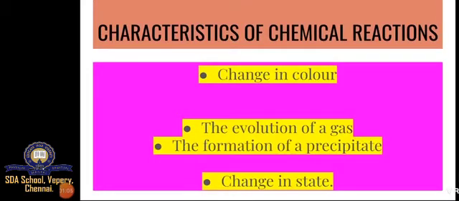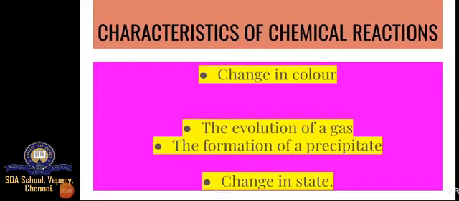Now we are entering into a new topic: characteristics of chemical reaction. When the chemical reaction is taking place, what are all the changes we can observe? The first one is change in color. When the reaction is taking place, the color will change when we get the product. The evolution of a gas: when the reaction is taking place, gas comes out from the reaction.